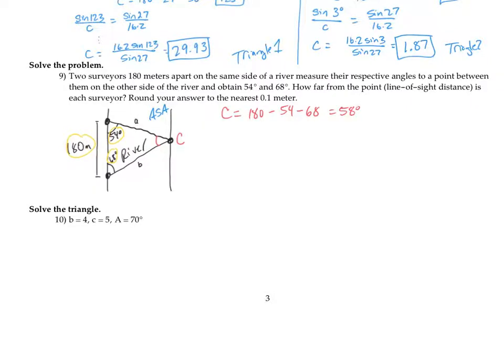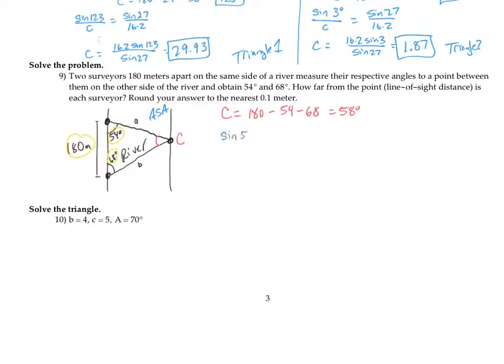Sorry, I switched to red there. I'm going to go ahead and do this in blue like I've been doing the rest of these. Now I can say, to get the value of this A here, it's opposite 68. So I'm going to do sine of 68 over A, and then sine of this 58 degrees here over 180.